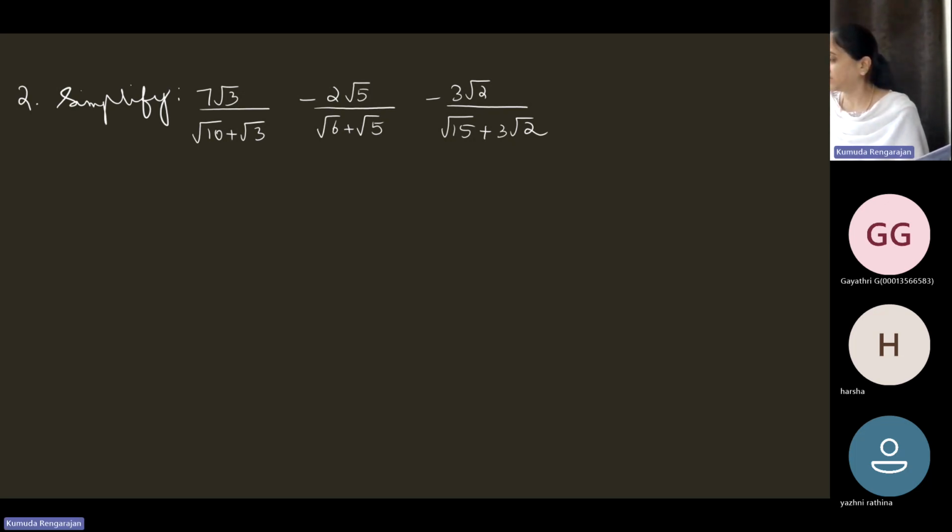No, wait. Answer in step 1. Root 21. Gayatri, step 1 answer? 7 root 30 minus 21, ma'am.